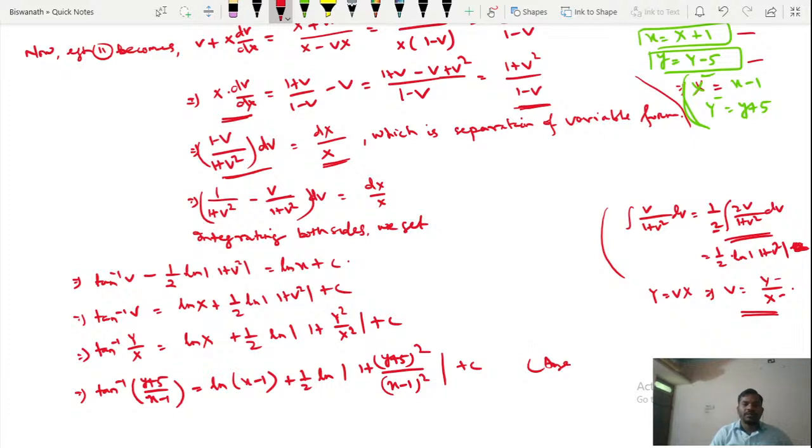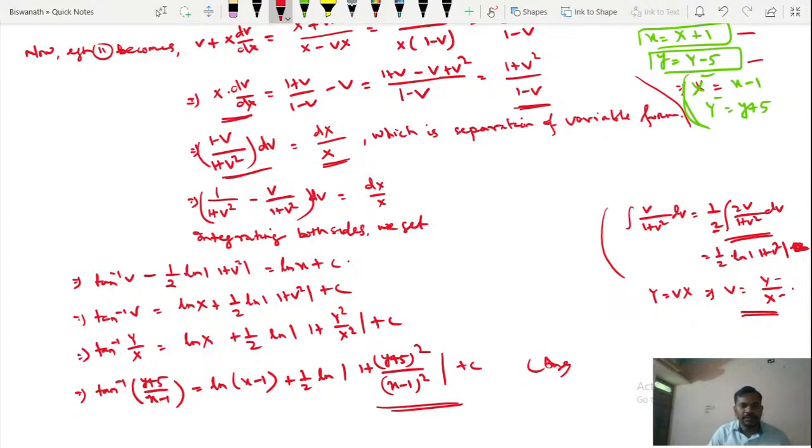So this is your answer, because the question is given in small y and small x form. So now we reduce this in small x and small y form. All the answers are in small x and small y. Okay, so that is your answer.